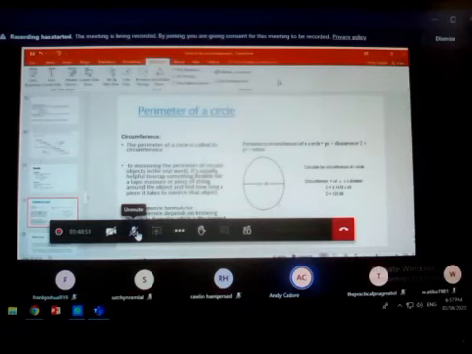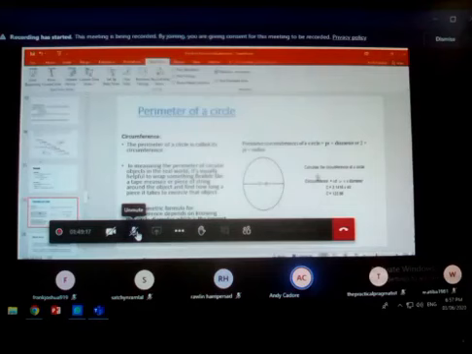And here, we'll be moving quick. Here we have 2 formulas you could use. You could use pi by diameter, so the circumference is equal to pi multiplied by the diameter.